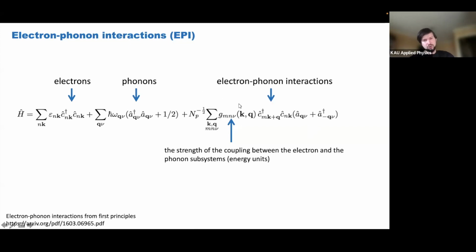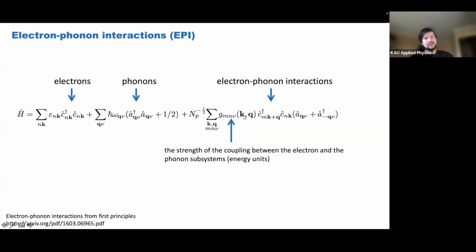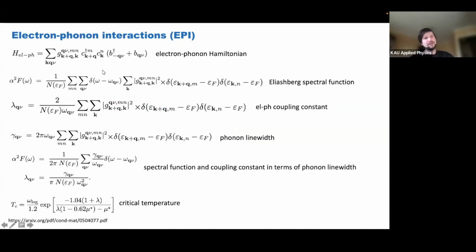So our goal is to get this coupling matrix. Why? Because from this matrix we can get a lot of superconducting properties. So we have these electron-phonon components. I used different papers for this, so here it is A, and here B, but it's the same electron-phonon Hamiltonian. We have to get this G matrix.